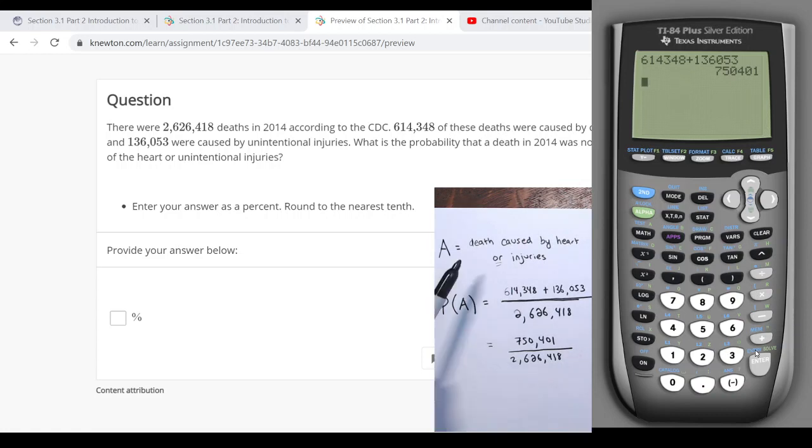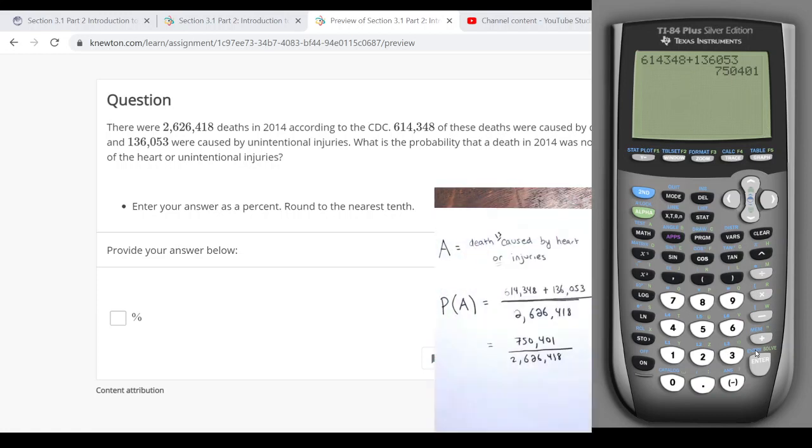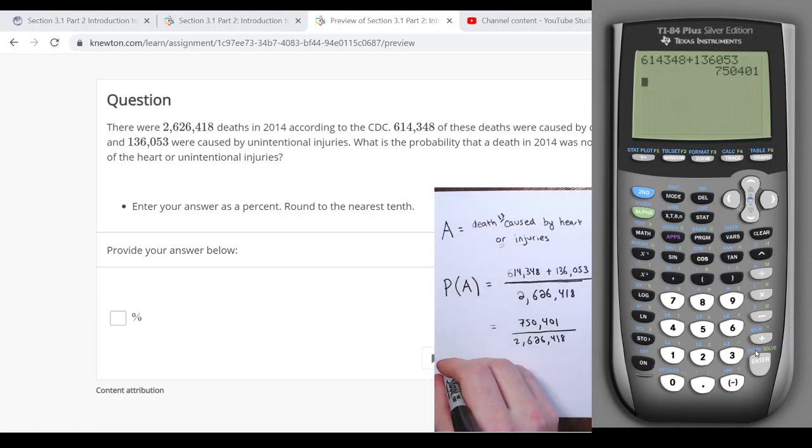by the heart problems or unintentional injuries. So if I want the number of deaths that weren't caused by this, the probability of not A, A prime, would be that the death is not caused by these heart problems or injuries.